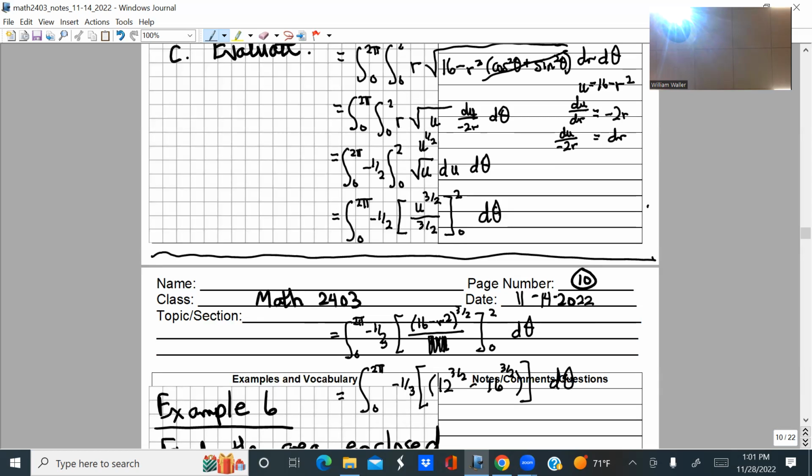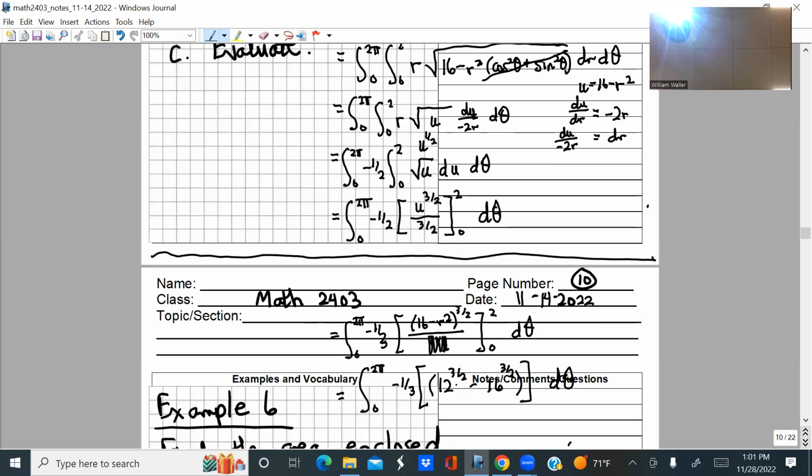You're integrating with respect to theta. So when you take this antiderivative, you're just going to get what? This constant multiplied by theta. Okay, so we get a very simple antiderivative here, from 0 to 2 pi. Let's see what these numbers are. So let's see if we can figure this out.